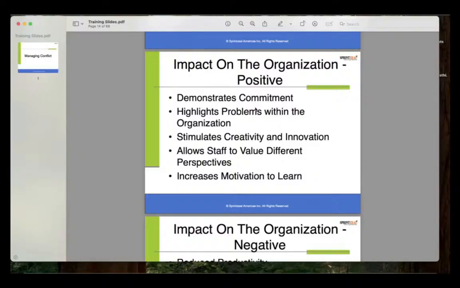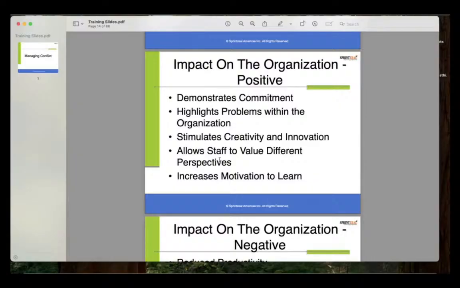So next is stimulates creativity and innovation. In the whole process of conflict resolution and management, creativity and innovation increase and are stimulated. Also, it allows staff to value different perspectives. How does it do that?